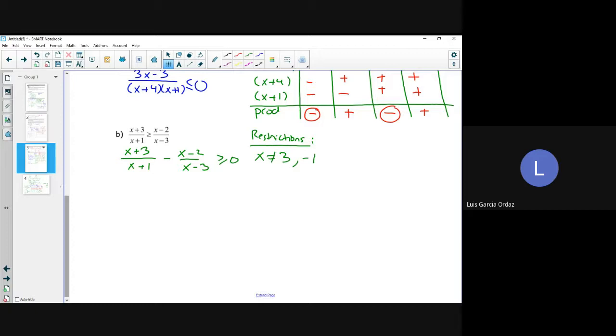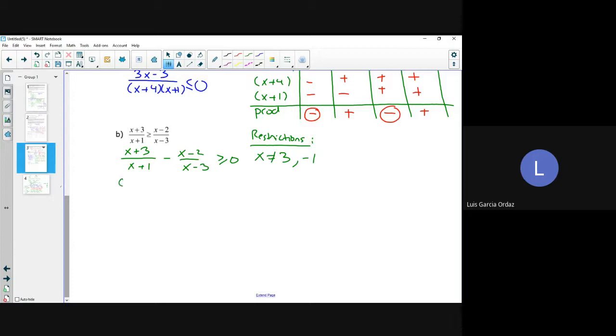And negative 1. Okay. And now all we have to do next is find our common denominator, which is just x plus 1 and x minus 3 combined.